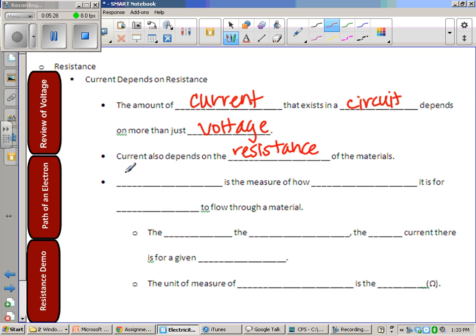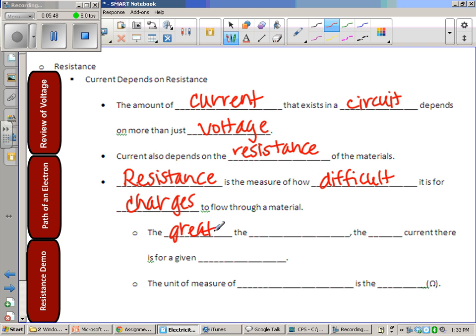Resistance is a measure of how difficult it is for charges to flow through the material. The greater the resistance, the less current there is for a given voltage.